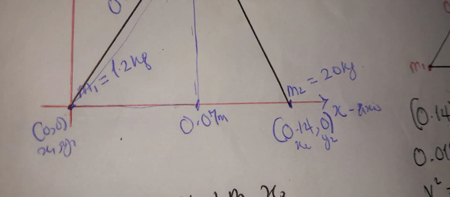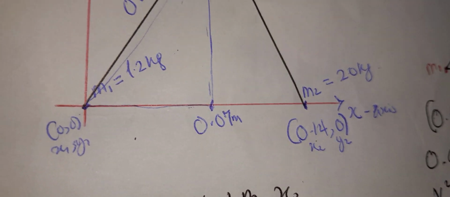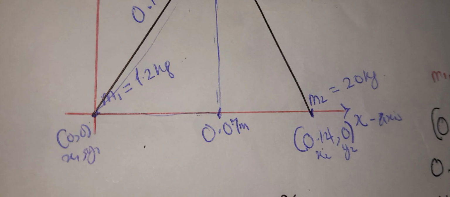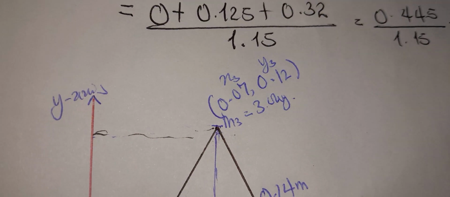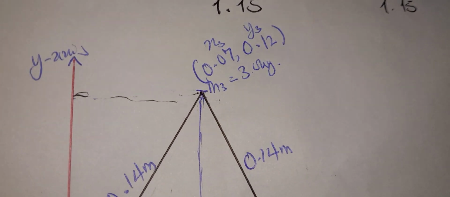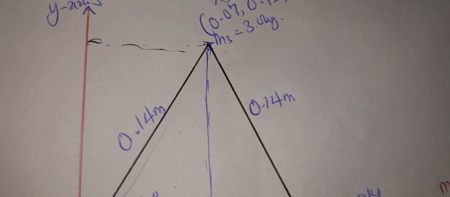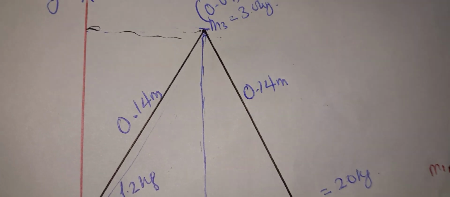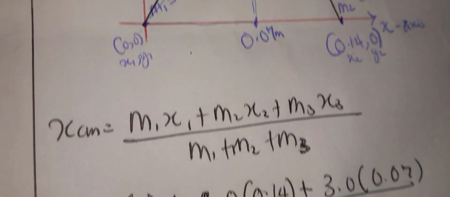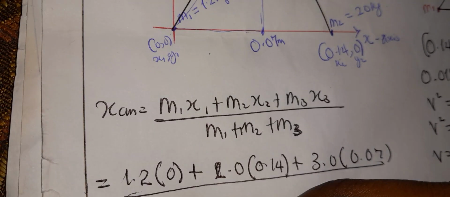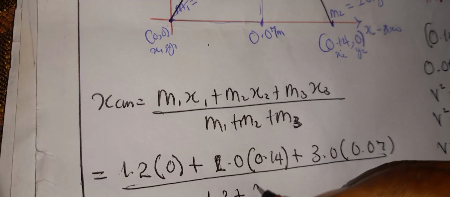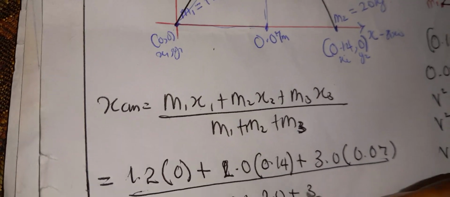And then the point there is 0.14. Plus m3 is 3.0. And the coordinate there is 0.07. So I'll add up the mass, which is 1.2 plus 2.0 plus 3.0.